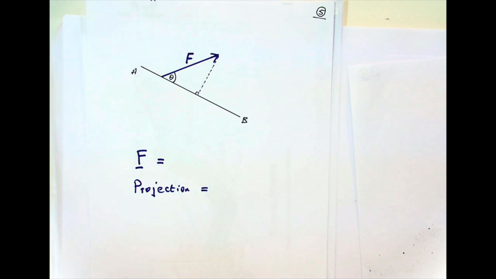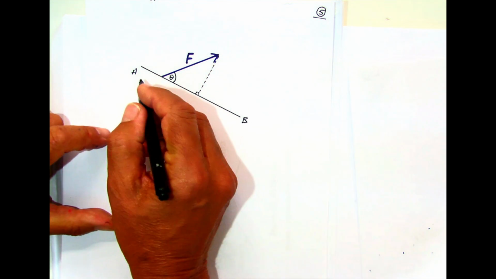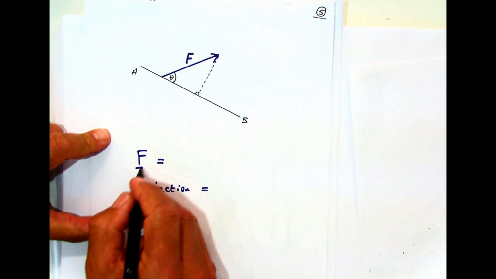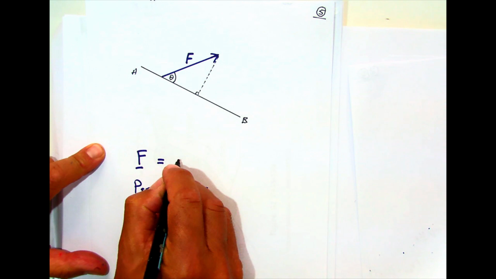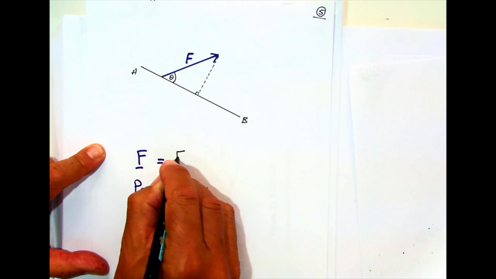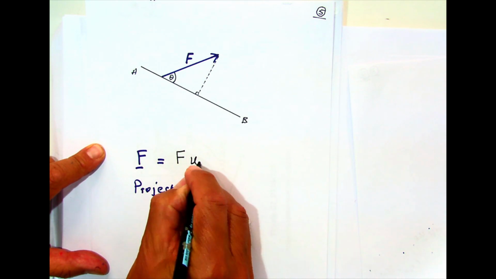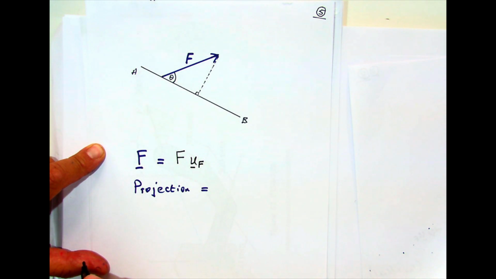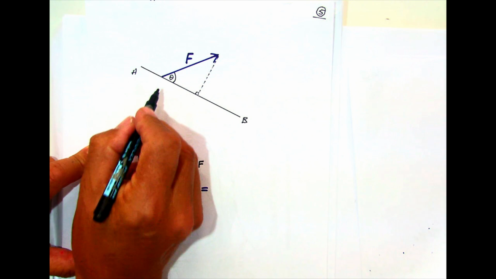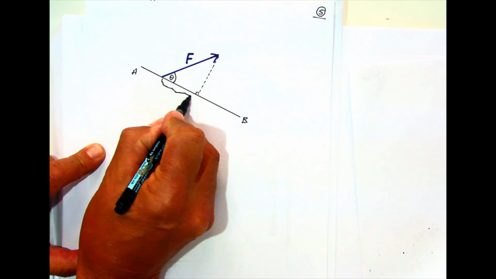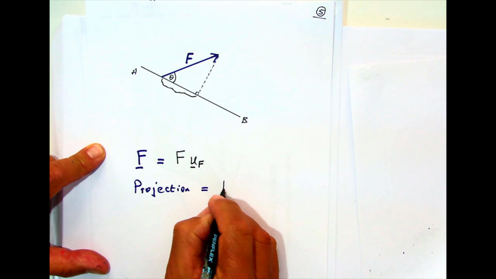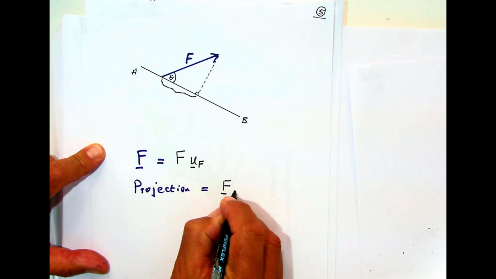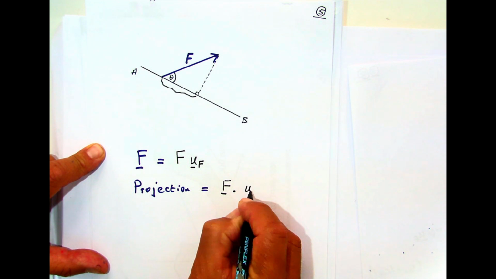Just to summarize, that force there as a vector will be the magnitude of the force times the unit vector in the direction of the force. So that's the force as a vector, and this projection here will be the force dot the unit vector.